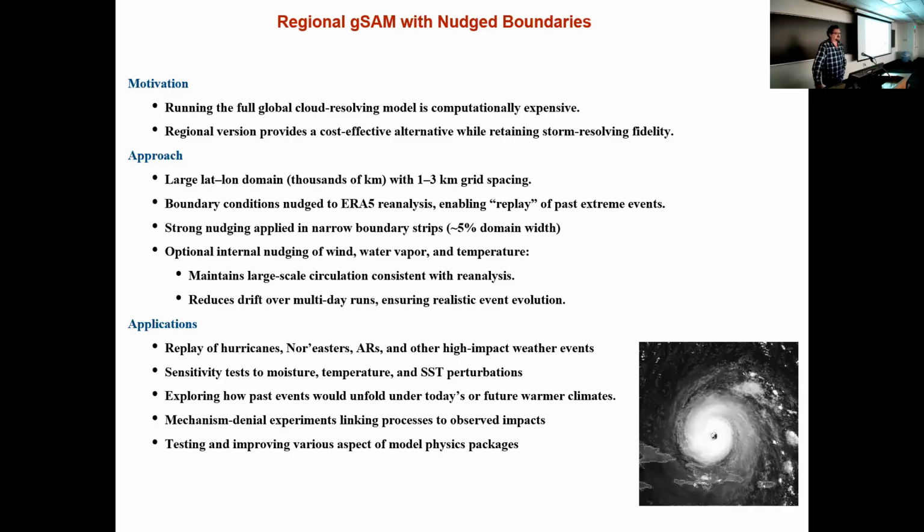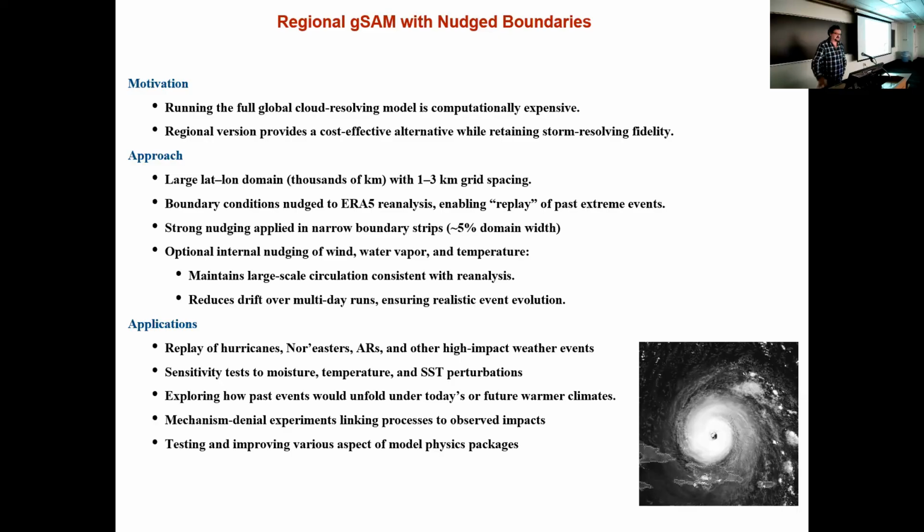So it would be very difficult logistically and in terms of storage to do all the sensitivity studies, testing and changing microphysics, this and that. So I thought it would be good to have some kind of regional version of that, over a smaller domain. And it turned out to be not that simple a task.